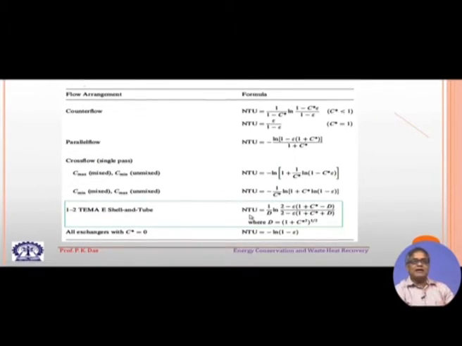So, again I would like to repeat, I have shown here two methods of determining NTU. One, that we can use some sort of a chart. There are different kinds of charts. The chart which I have used uses values of P and R to estimate NTU.